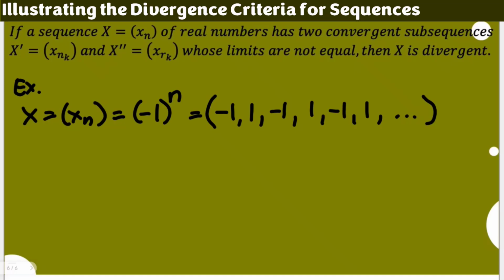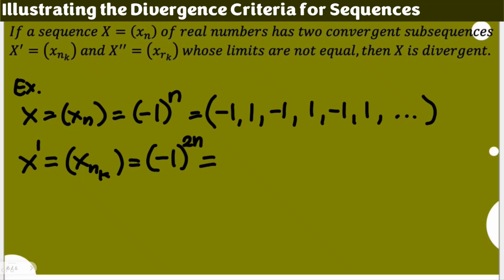Now we can actually draw two different subsequences. Let's say x prime, which is x sub n sub k, is denoted as -1 raised to the power of 2n. So its terms: when n is 1, that's positive 2, so that's positive.